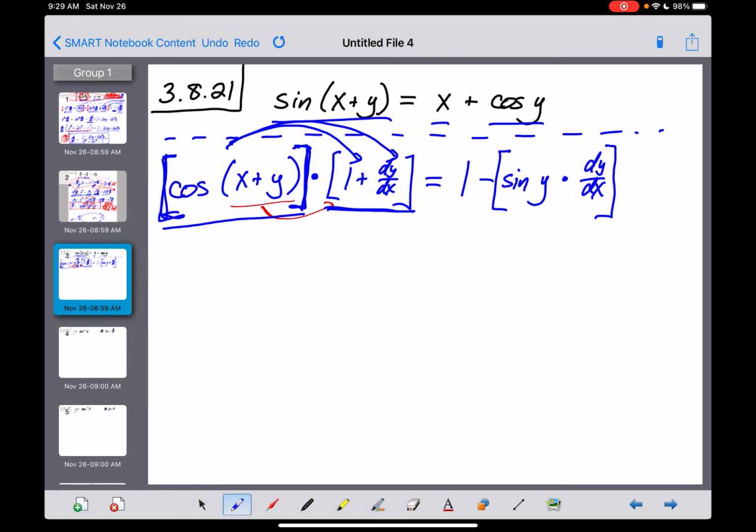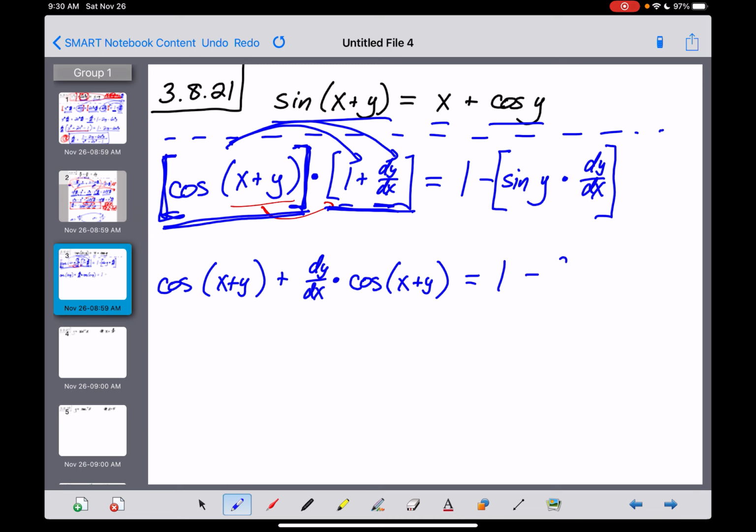So cosine of x plus y times 1 is obviously just going to be cosine of x plus y. And then we're going to add to that now the cosine of x plus y multiplied by dy dx. I'm going to put the dy dx in front of that, I think it'll be a little bit easier to understand, times the cosine of x plus y equals, and on the right side, I suppose those brackets really weren't necessary, 1 minus, and I'm going to do the same thing.